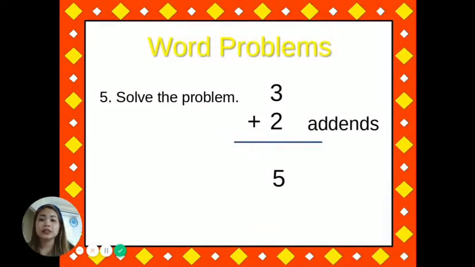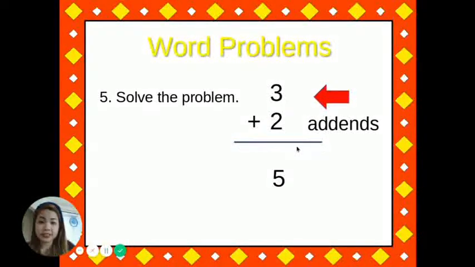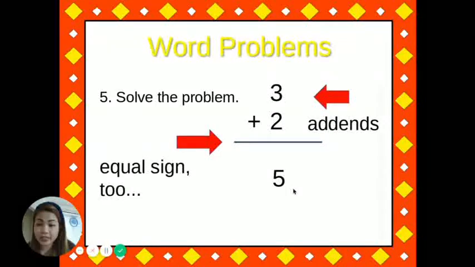Okay? Now, put the addends together up and down. And put the symbol right here on the left. Then you put the line under the addends. This line is also called equals, okay? This is an equal sign as well. And then the answer is right there at the bottom.